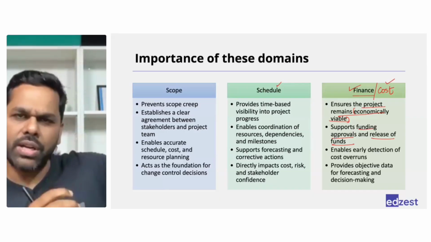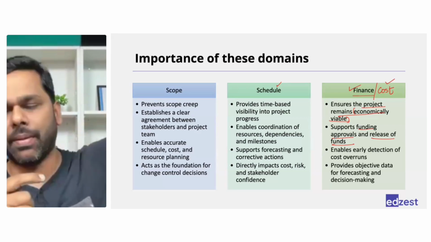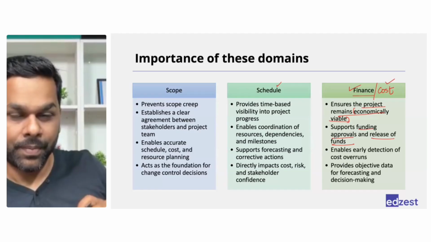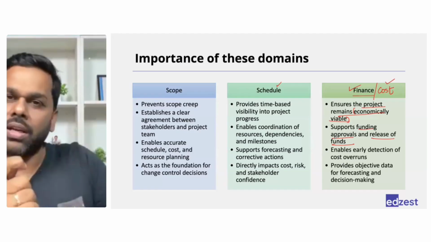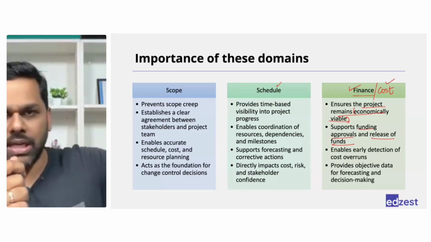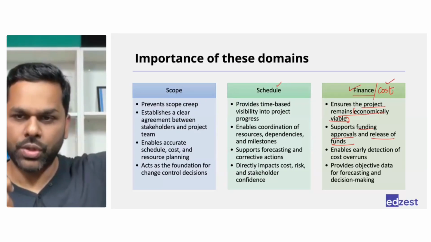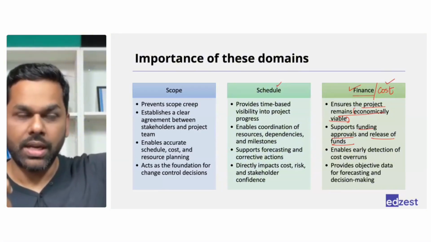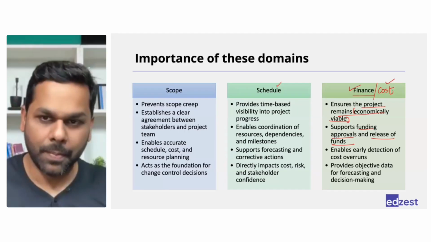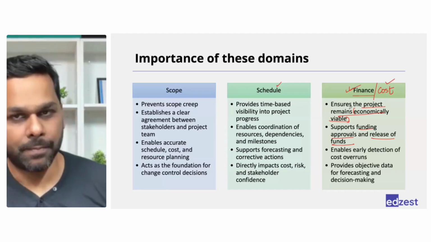And then when you manage and monitor and you see that, okay, I need more money or less money, you keep revising that understanding with them, which is called funding limit reconciliation. Whenever you check how much you have already spent, how much more you might need, how much less you might need, you keep informing that to your stakeholders, to your management, to your sponsor, right? So that they can make some arrangement and provide you the money that you need. So if you manage finances well, you will be able to do that as well.